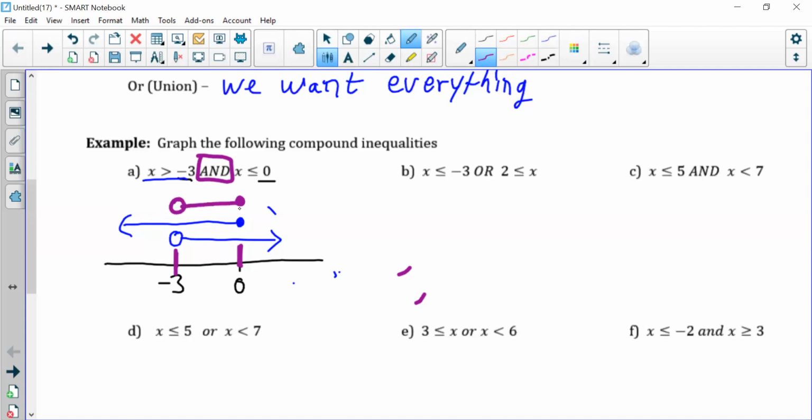That is my solution. That is what I'm looking for. If you're doing this for your homework, and obviously you may not have access to different colors if you're doing this on paper with a pencil, just make it very clear. Hey, I've got two graphs for my initial and the big one on top. That is my answer.